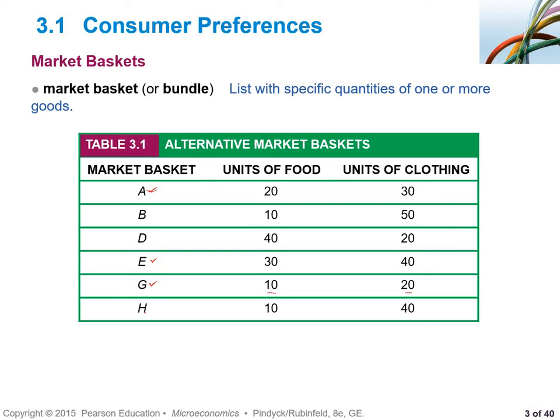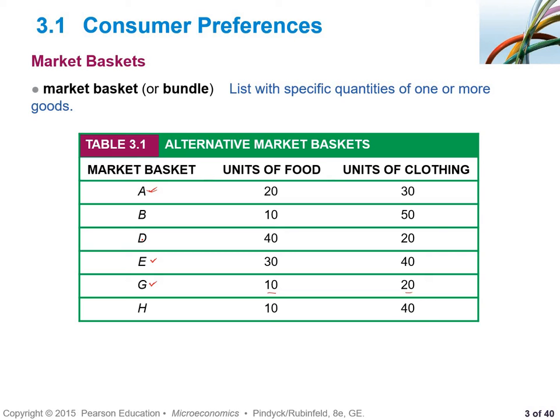ठीक है. So again, if we want to summarize this discussion, we may say that if the consumer wants to prefer between A and E, he will be certainly giving preference to E. If the consumer wants to choose between A and G, he will be giving preference to A. If the consumer wants to prefer between A, B, and D, ठीक है, he will become indifferent.